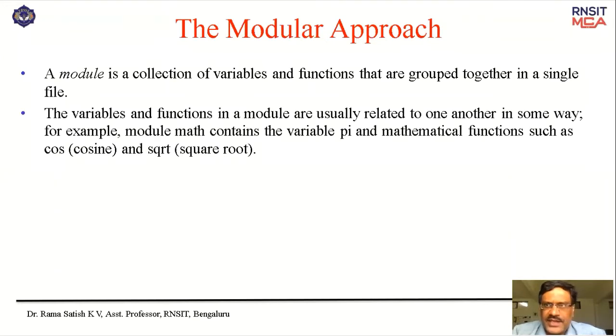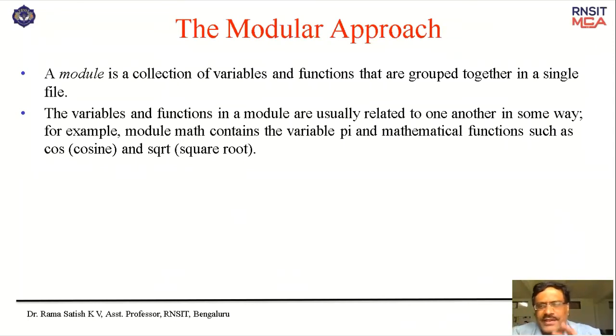The next thing is, variables and functions inside the module are usually related to one another in some way. So generally, we store the module contents in a single file, so that you know they are related. The related methods, related variables, you store in a single file.